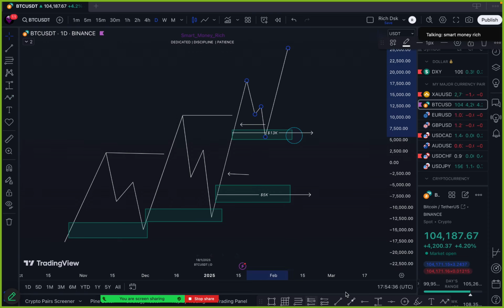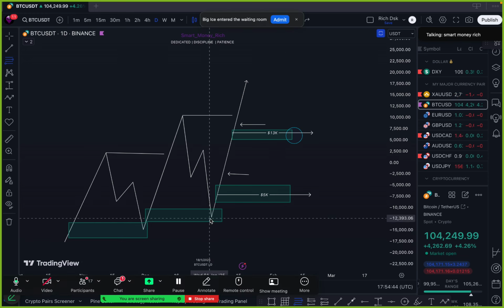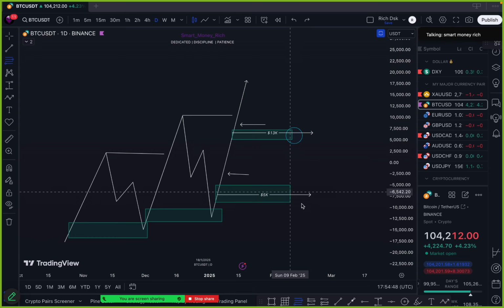Now, what I want you guys to understand is this. When you use your Fibonacci tool, the way I use it might be different from the way you might be using it, or the way you learned about it.